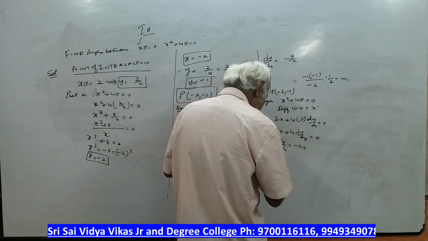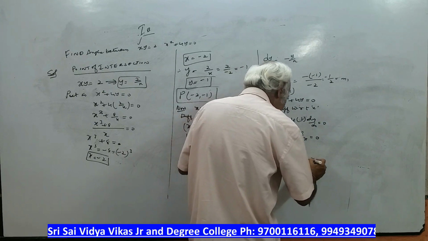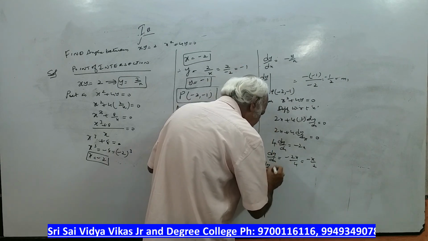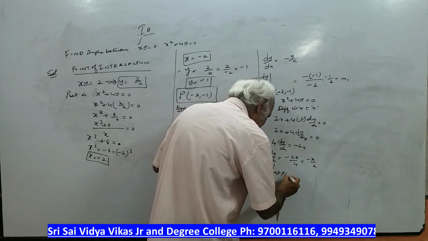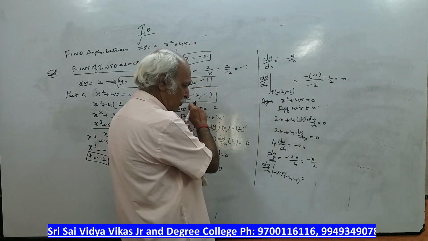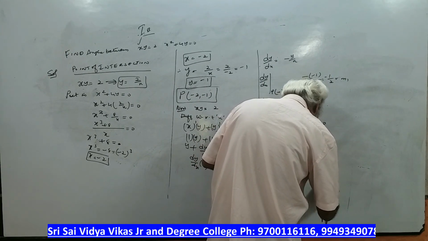Therefore, dy by dx is minus 2x by 4, which is minus x by 2. dy by dx at P, minus 2 comma minus 1. So x value is minus 2. Minus of minus 2 by 2 is 1. This is m2.